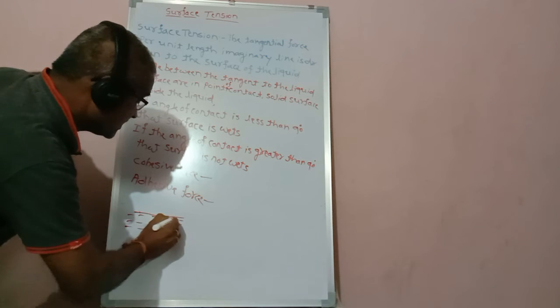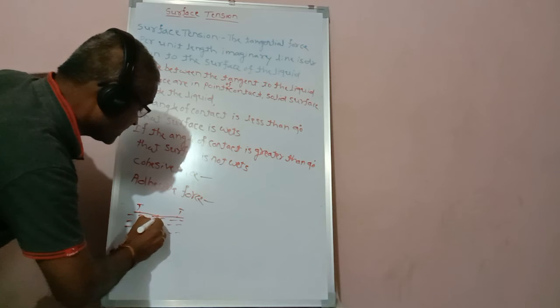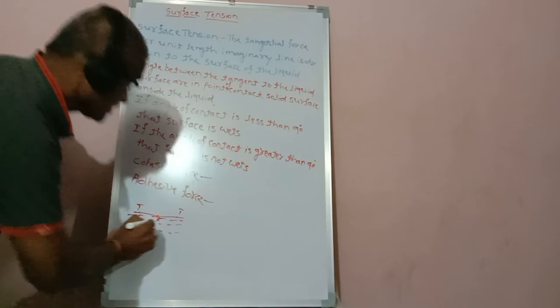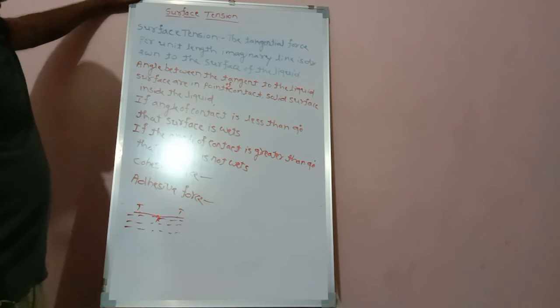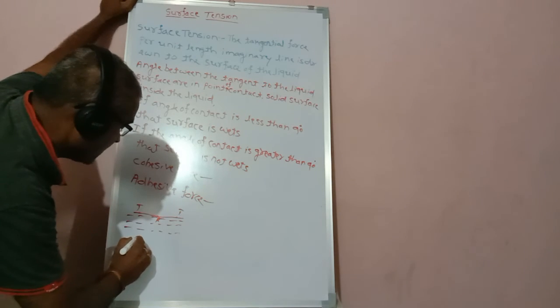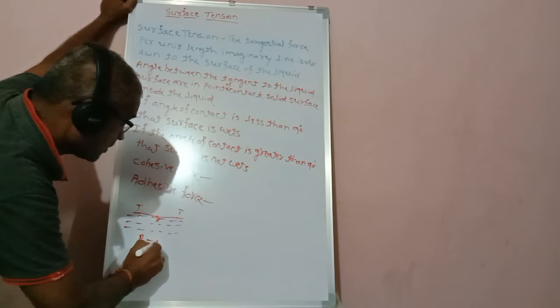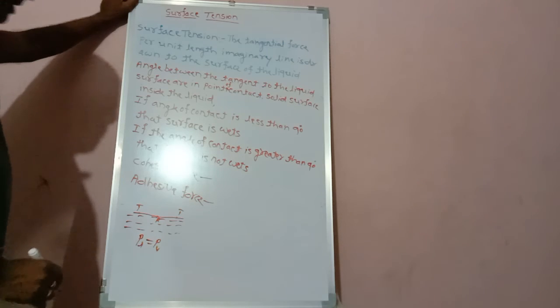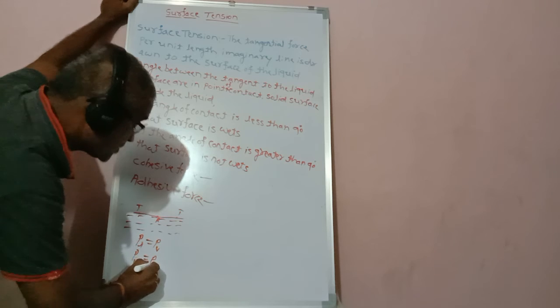This is the surface tension, and this is the excess pressure on that point. So here the pressure on the liquid is equal to the pressure on the vapor side, that is, the pressure inside the liquid and the pressure outside the liquid.